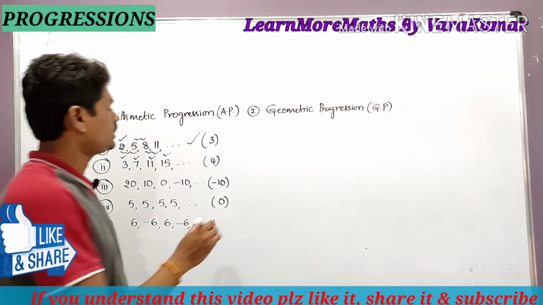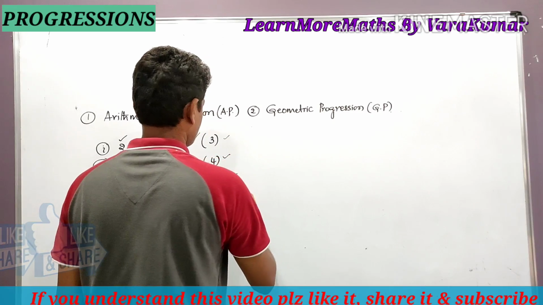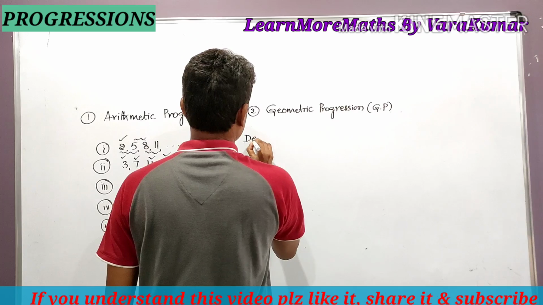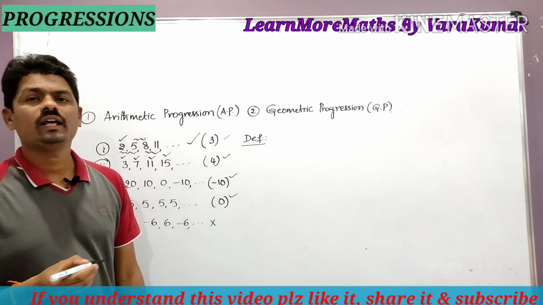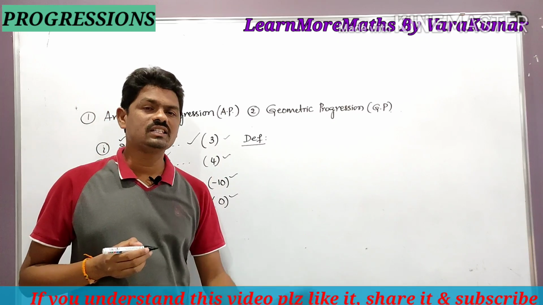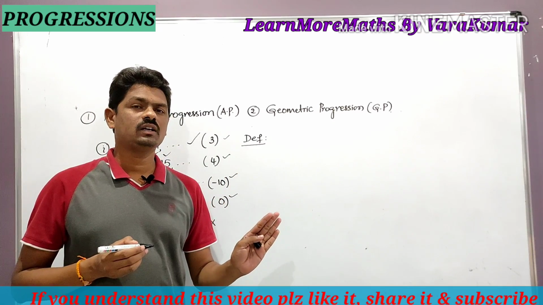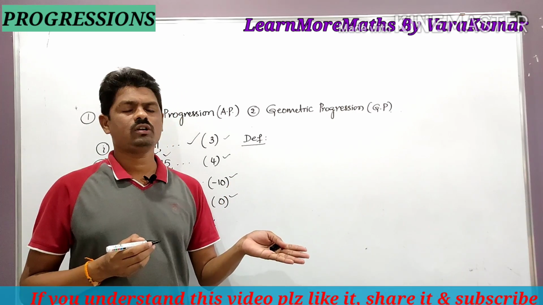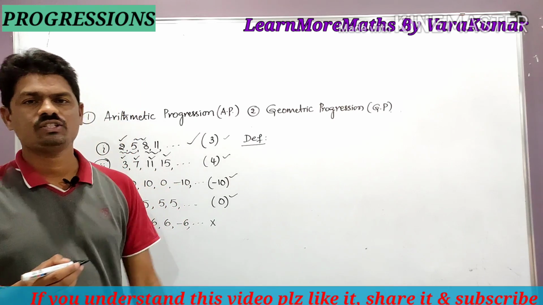So these lists of numbers are called arithmetic progressions. How can we define it? See, student, the definition of arithmetic progression: an arithmetic progression is a list of numbers in which each term is obtained by adding a fixed number to the preceding number, except the first number.